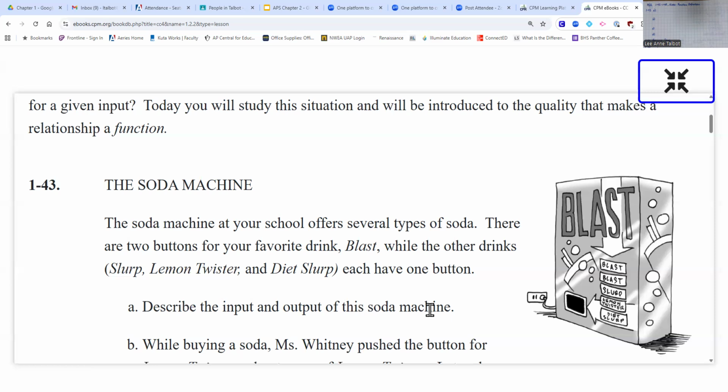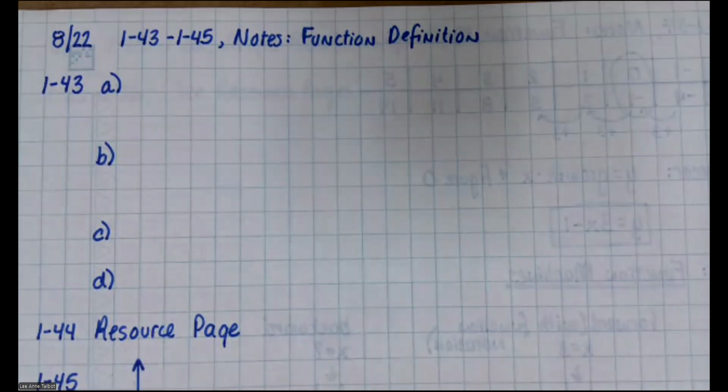What do you do to the machine to pick your soda? Yes, push the button. Push the button is what I was looking for. The input is the button you push. And what would the output be? Yes. The soda that came out. Perfect. Okay. You guys are using awesome math brains.